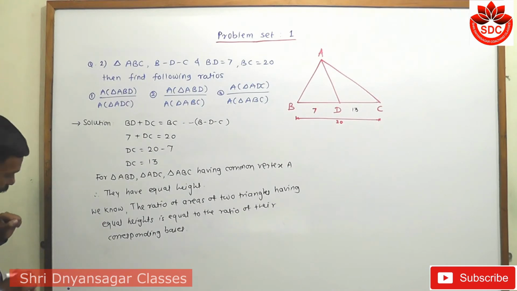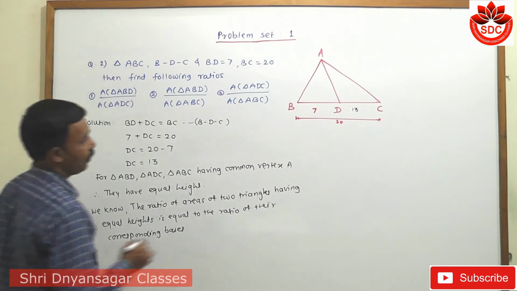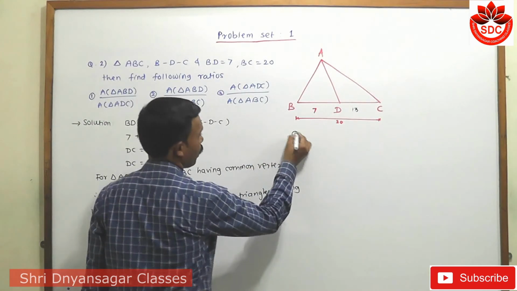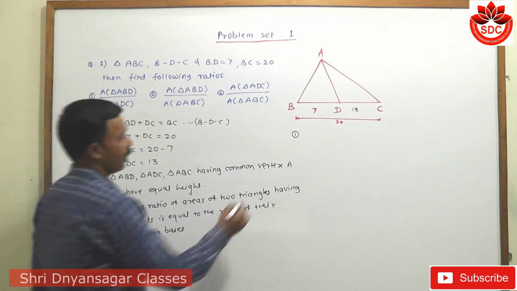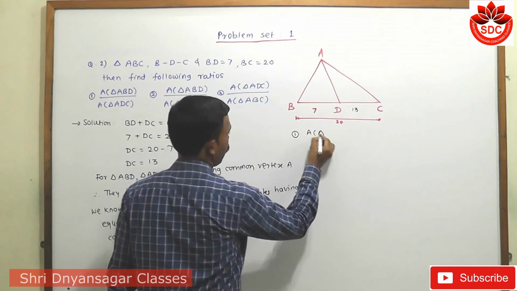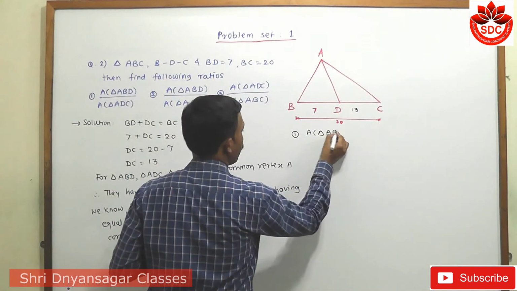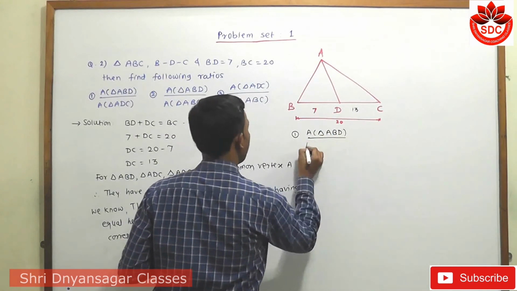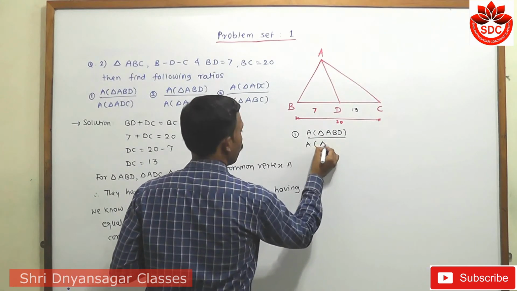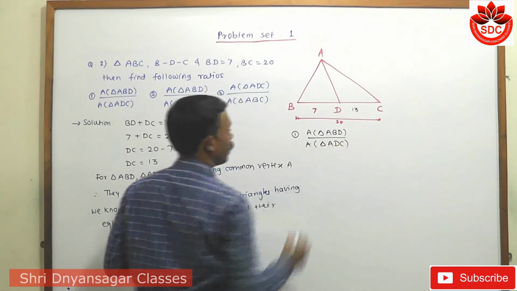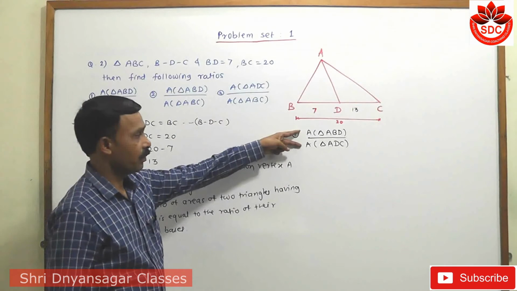So we take the first answer. Now the first one is area of triangle ABD upon area of triangle ADC. Look at this ratio.